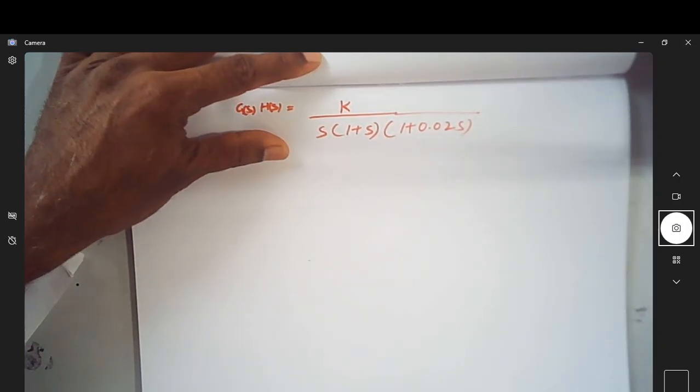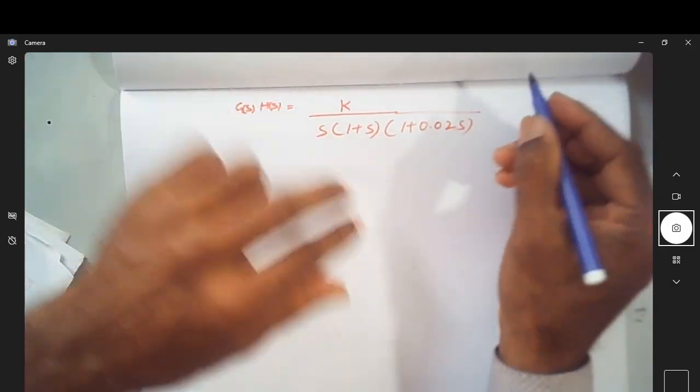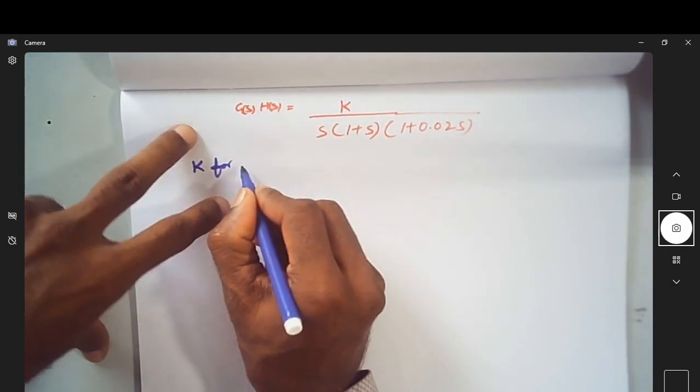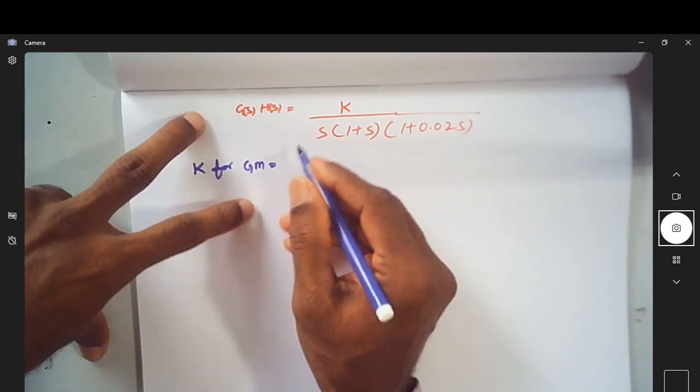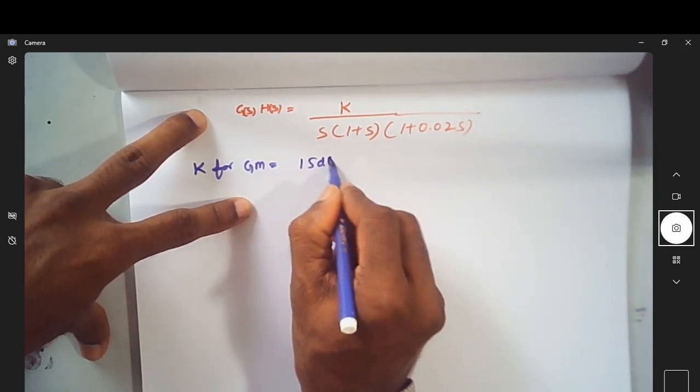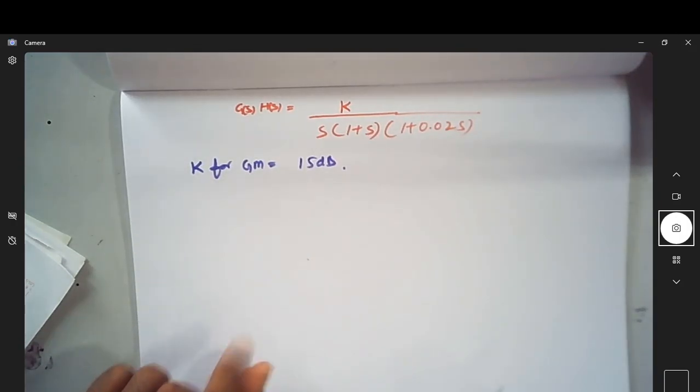So this is the transfer function. Let us consider we are asked to find the value of K for a gain margin of around 15 dB.